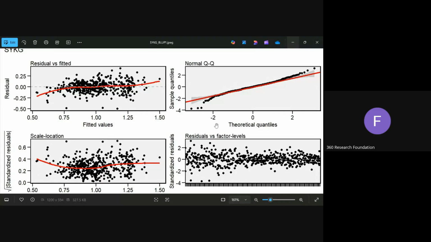This plot will show the residuals for each factor level. On the x-axis you will see the different factors, and on the y-axis you can observe the residuals. How will you find the residuals?